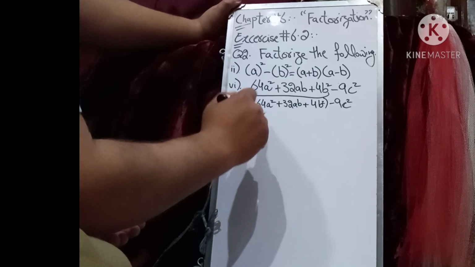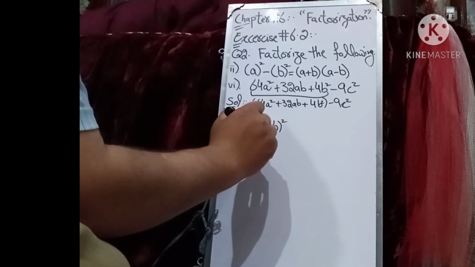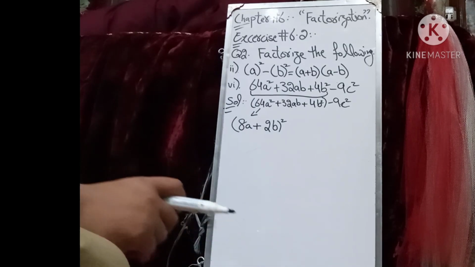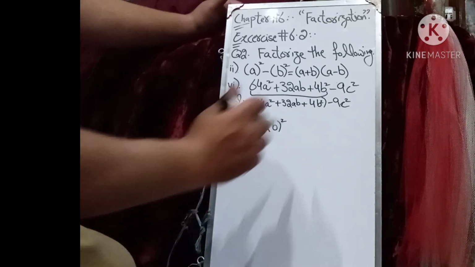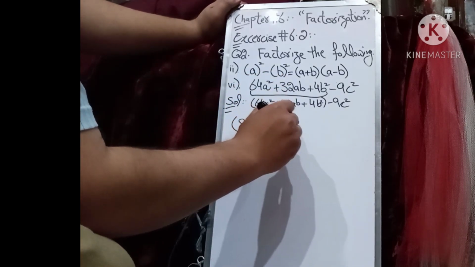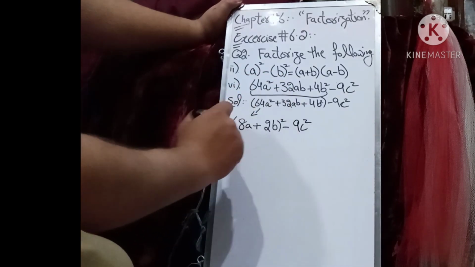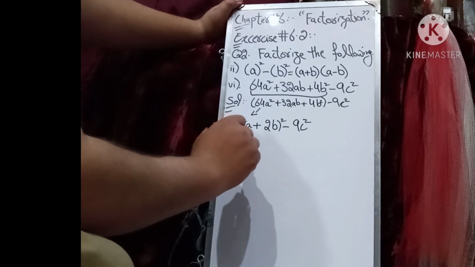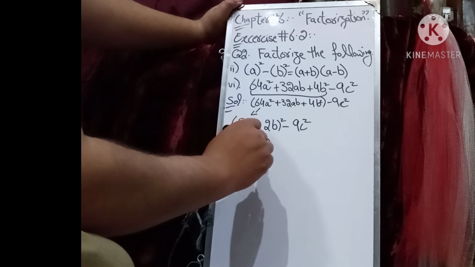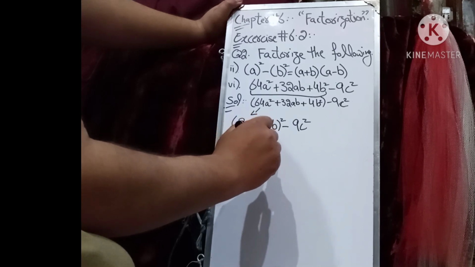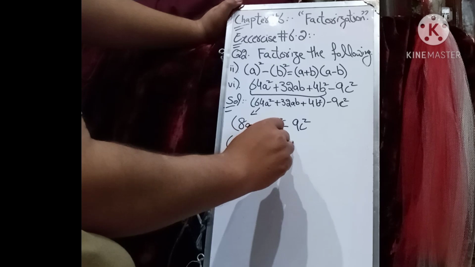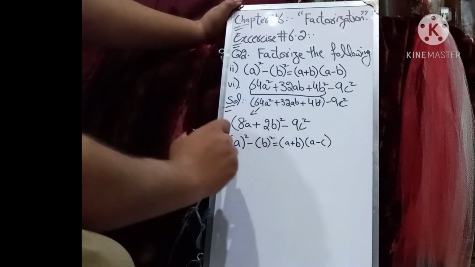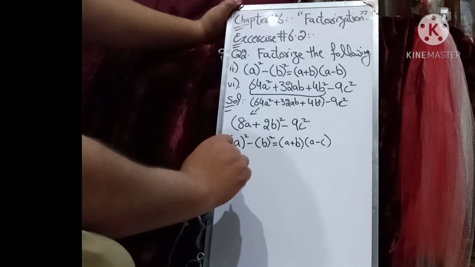If you have a doubt, make it by supposition that let a is equal to 8a and b is equal to 2b. So by putting these values into the a plus b whole square formula, you will get the same answer which is given. So we can write 8a plus 2b whole square instead of 64a square plus 32ab plus 4b square, minus 9c square.